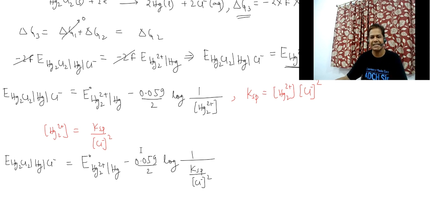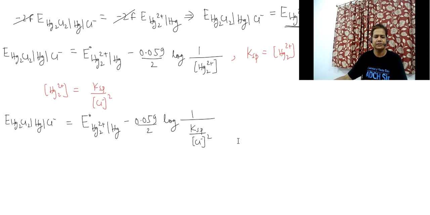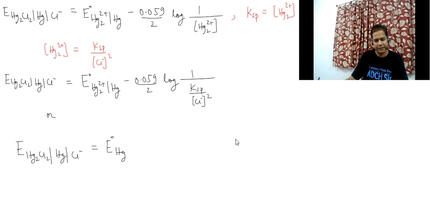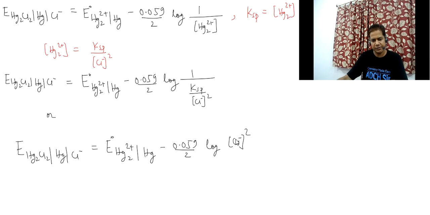Now simplifying this expression, we'll get E of Hg2Cl2 to Hg and Cl minus is equal to E naught of Hg2 plus to Hg minus 0.059 by 2 log of Cl minus whole square upon Ksp. So we can memorize this result.